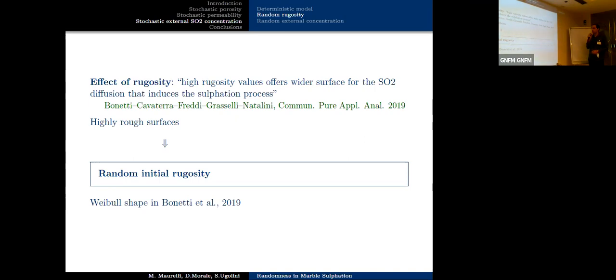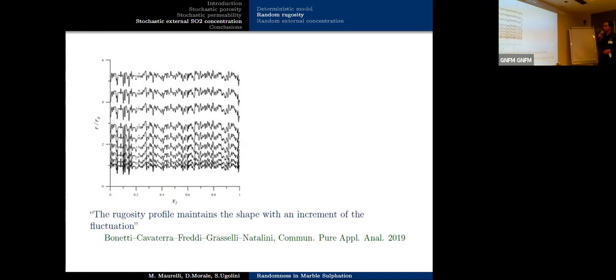In particular, in the paper of Bonetti, Cavallero, Natalini, and the other authors, this random initial rugosity is considered with a so-called Weibull shape, which, roughly speaking, is the generalization of the Gaussian shape. Here are some simulations taken from that paper.